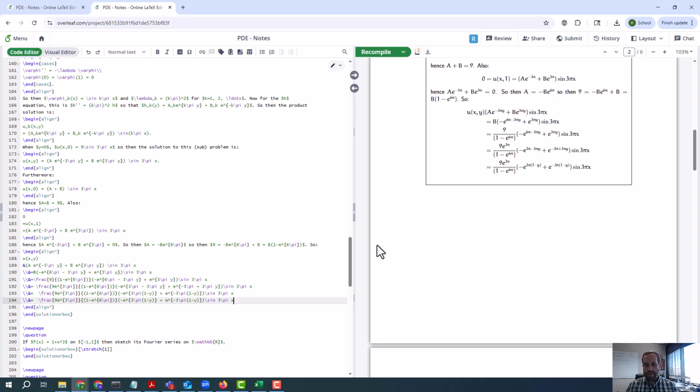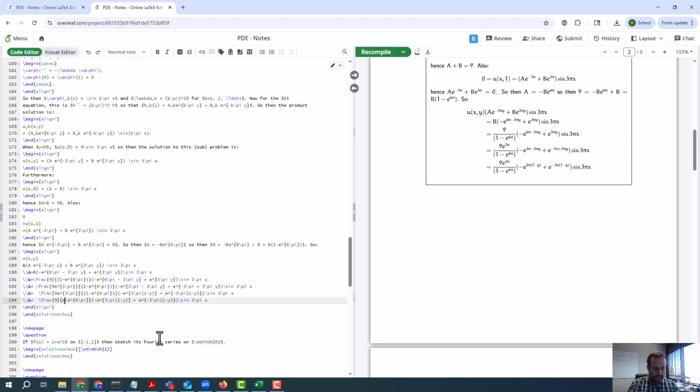Okay, so now I've got an e to the 3 pi here. There's a couple of things that I can do here. If I divide the bottom here by e to the 3 pi, which is the same as multiplying in the top by e to the 3 pi, what's going to happen? Well, I don't need these parentheses anymore, do I? I guess I never really needed them.